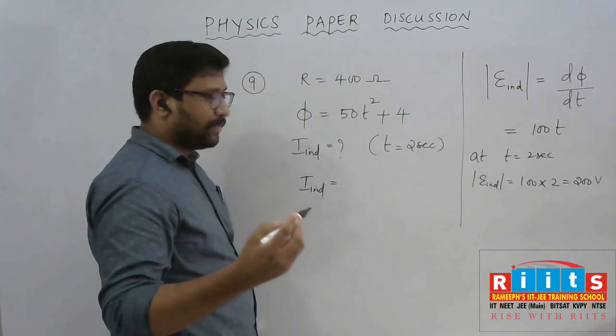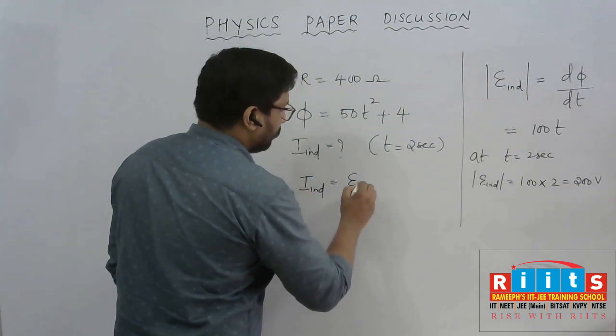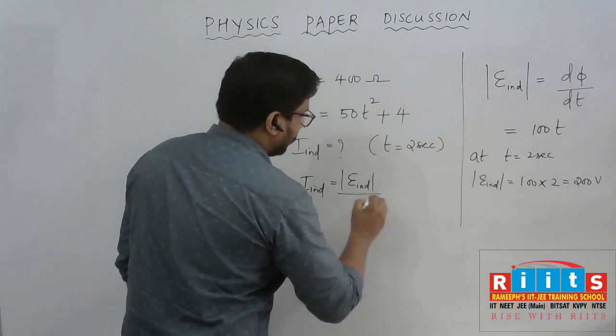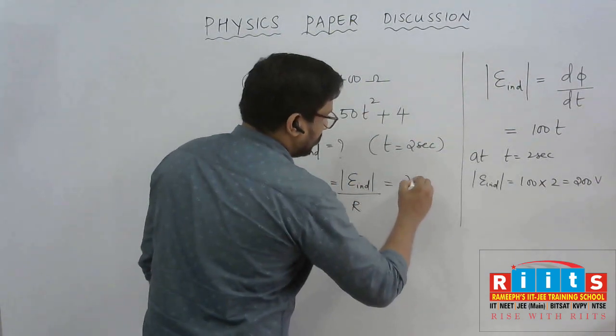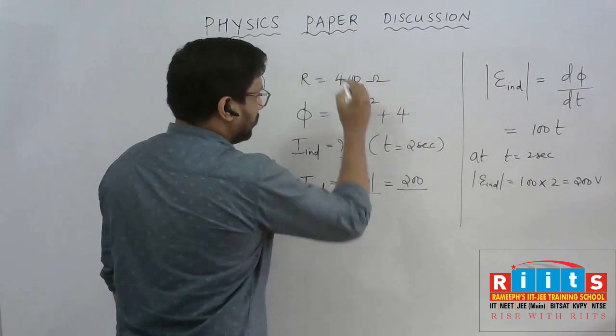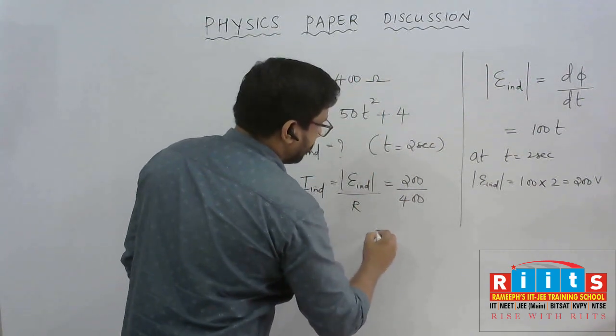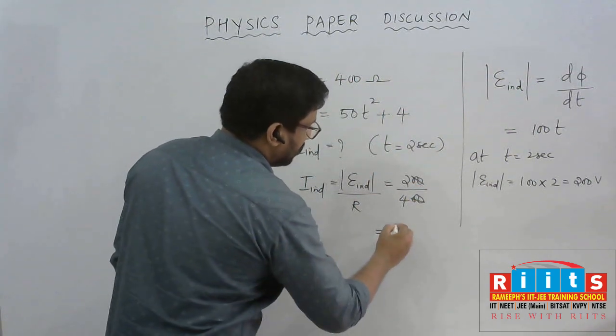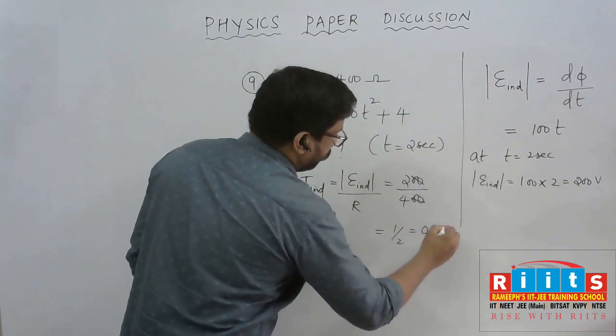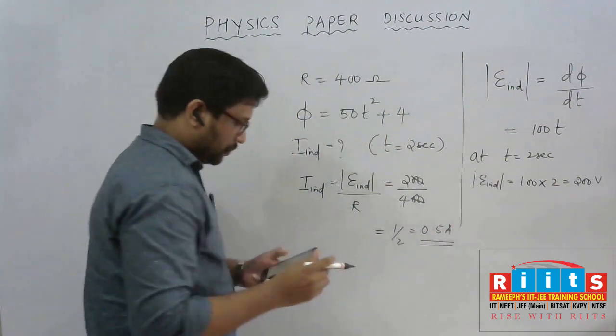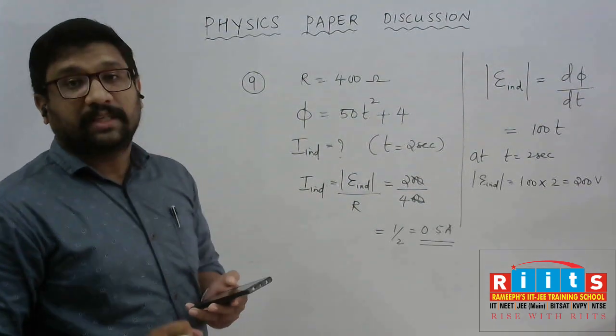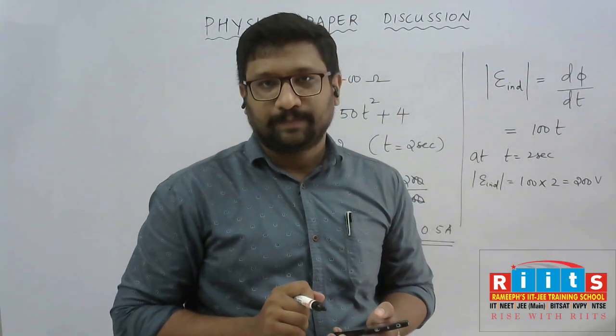You just apply Ohm's law. So induced current will be induced EMF divided by resistance. So the answer is 200 divided by the resistance, 400 as given. So the answer is half, that is 0.5 ampere. So from the given options, option A is the correct answer.